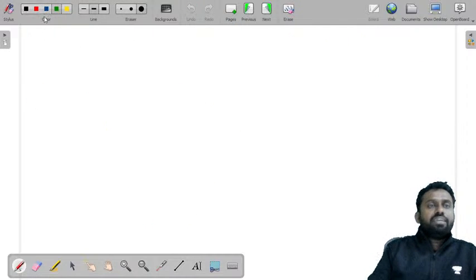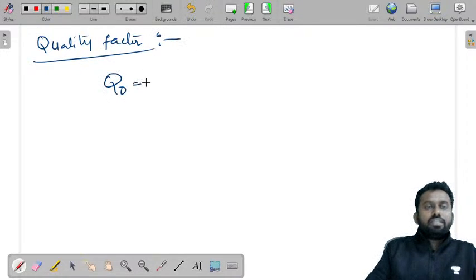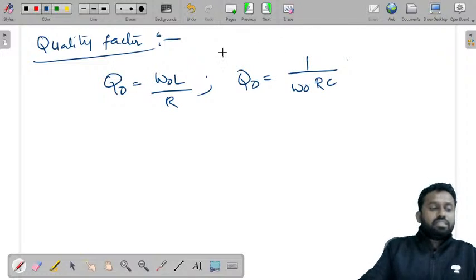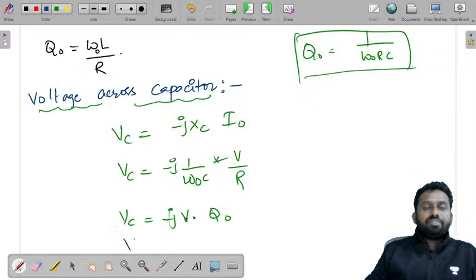So you can write the quality factor Q naught is equal to omega naught L by R, or Q naught is equal to 1 by omega naught CR. Or you can also write VC as V Q naught at minus 90 degrees.